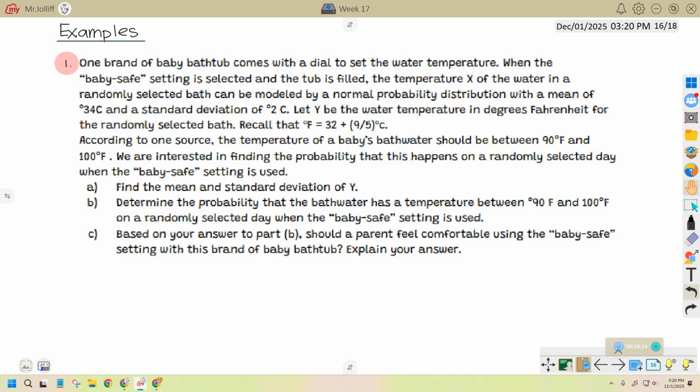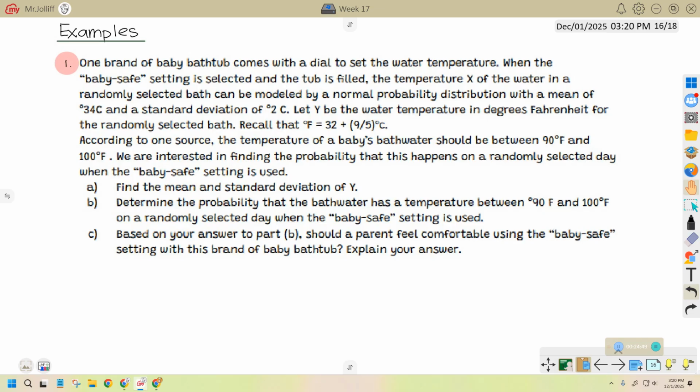Thank you, Drew. One brand of baby bathtub comes with a dial set to set the water temperature. When the baby safe setting is selected and the tub is filled, the temperature X of the water in a randomly selected bath can be modeled by a normal probability distribution with a mean of 34 degrees Celsius and a standard deviation of 2 degrees Celsius. Let Y be the water temperature in degrees Fahrenheit for the randomly selected bath.